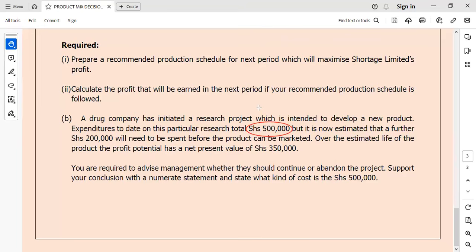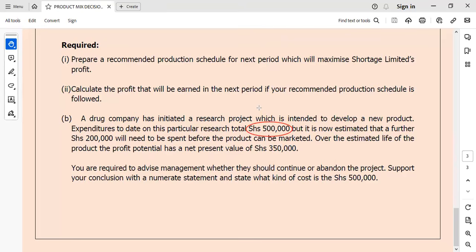However, the shillings 200,000 will need to be spent. Now, 200,000 is a relevant cost. It is a relevant cost because it's a future cost. Relevant costs are future costs that will be incurred, and these costs can be avoided if a particular course of action is not taken.